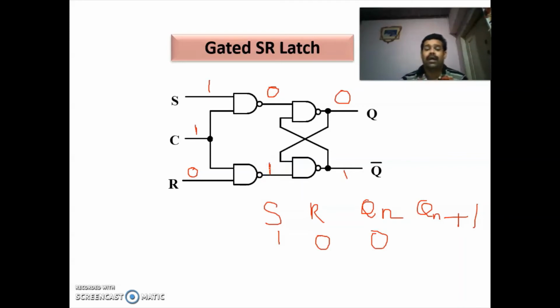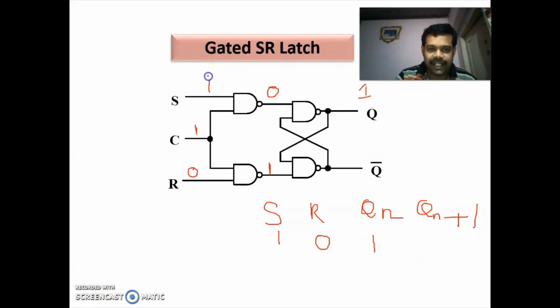Now you are having Qn as 0, so here you will be having 1. So you have to consider this 1. This 1 will be fed back to this NAND gate. So in a NAND gate, if one of the inputs is 0, then the output will become 1. So when S is equal to 1, R is equal to 0, and Qn is equal to 0, your Q of n plus 1 is 1.